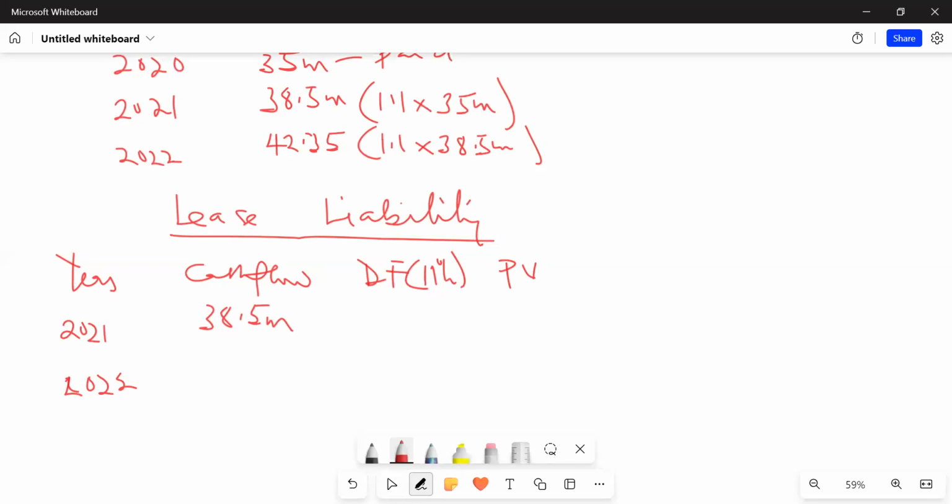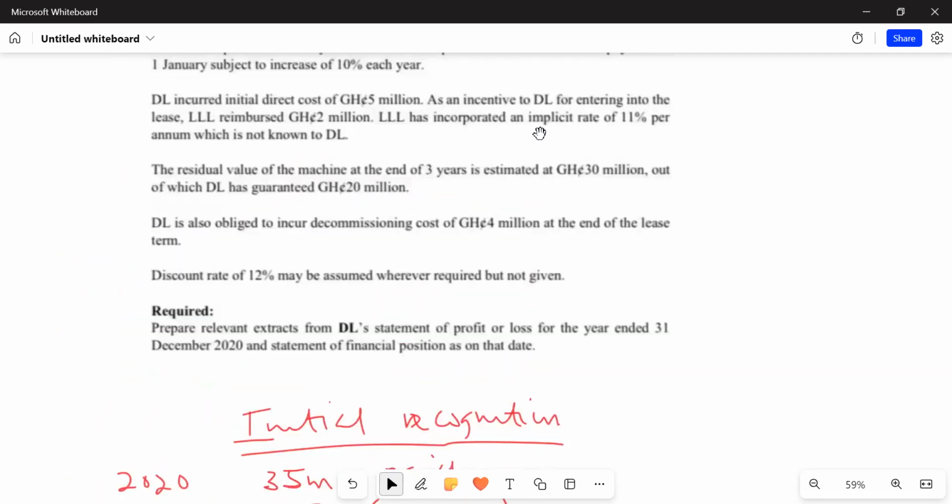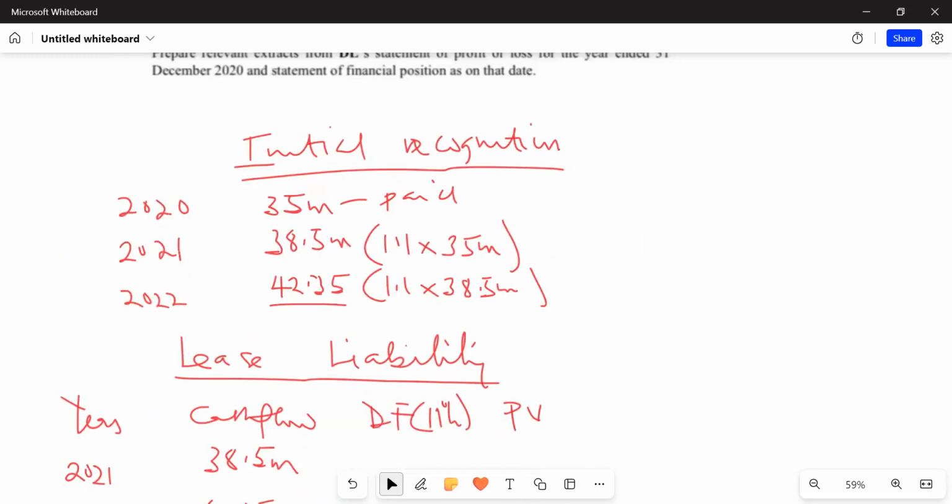So our 2022 cash flow will be 62.35, which is the rentals of 42.35 plus the guaranteed residual value of 20 million. All right. So let's calculate the discount factor for them one by one.